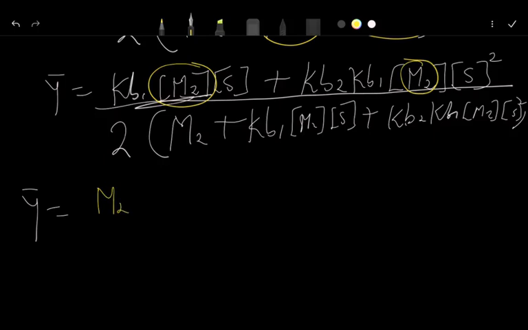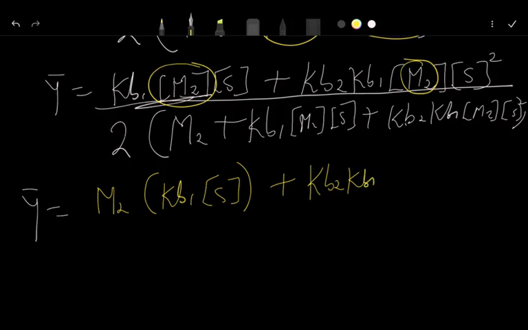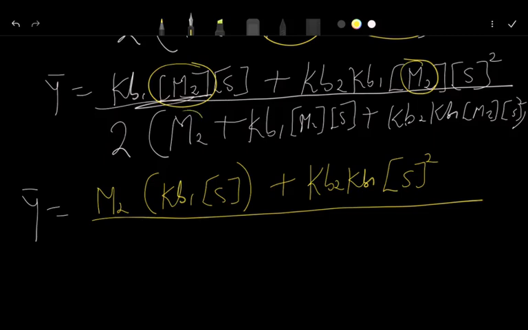Then I'm left with KB1 in bracket s, plus KB2 KB1 in bracket s squared, all over 2 m2 in the denominator.